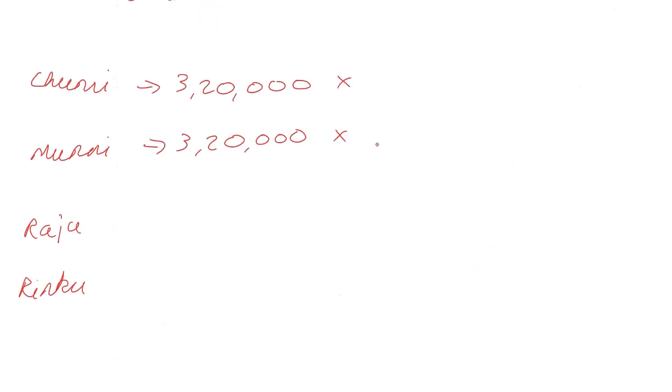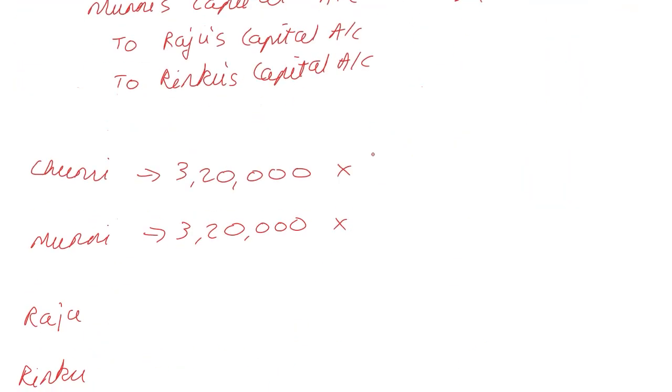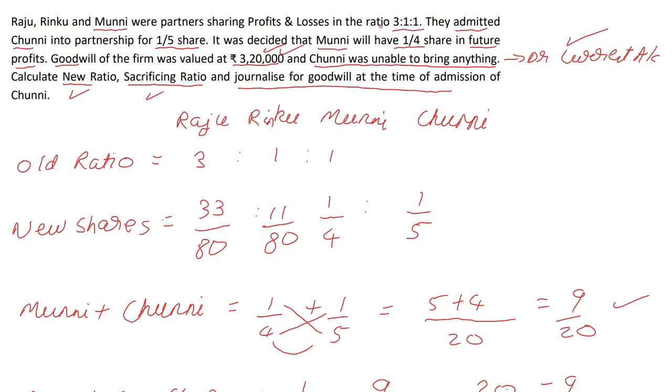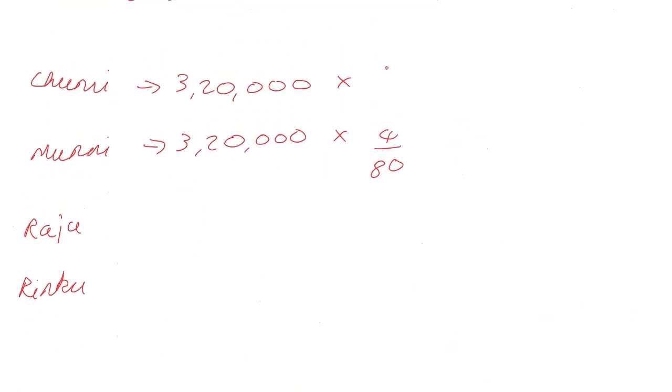All right. So as far as Munni is concerned, the 4 by 80, I'm going to write over here. As far as Chunni is concerned, the entire share, okay, she's been admitted for 1/5. That full 1/5 is going to be here. All right. So first I'm going to do this math, and fine.